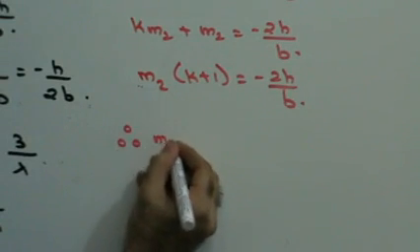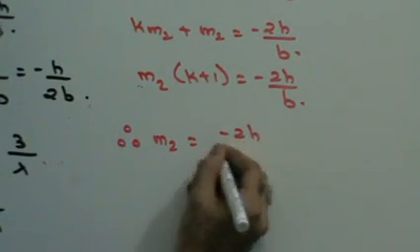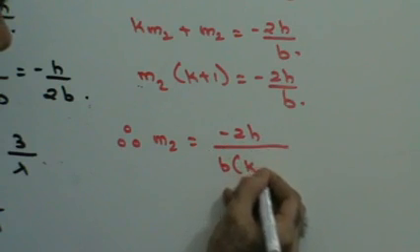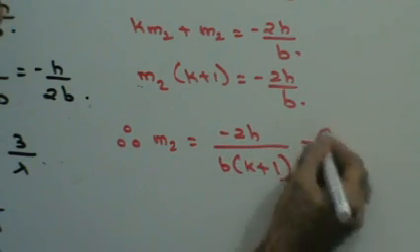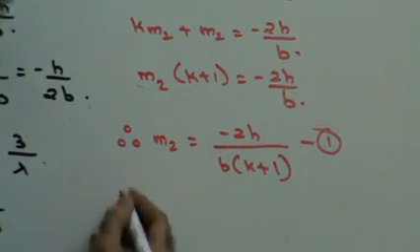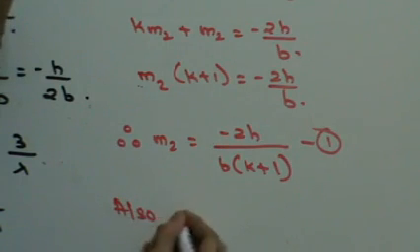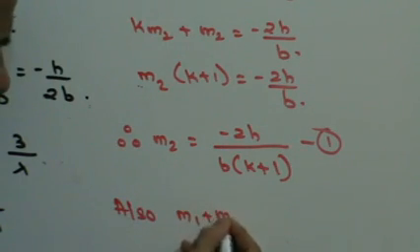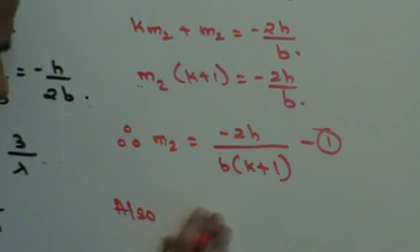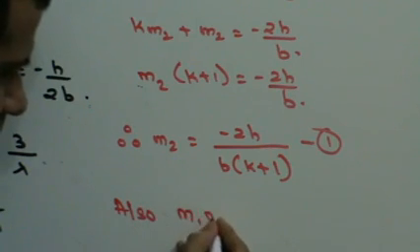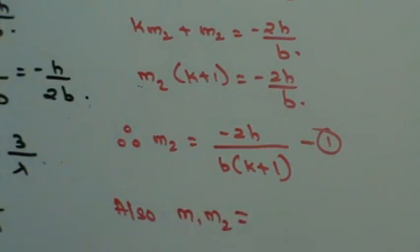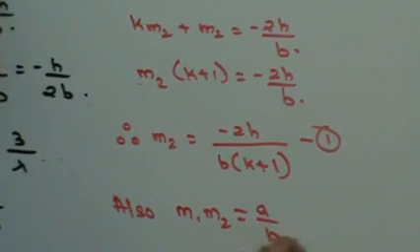Therefore you could say that m2 is minus 2h upon b into k plus 1. Call this equation 1. Also you can say that m1 into m2 is nothing but a upon b.